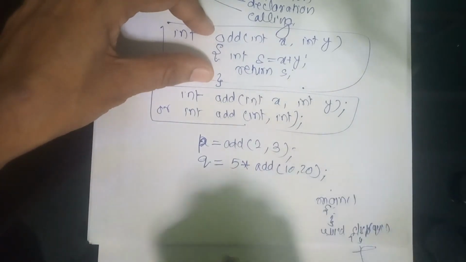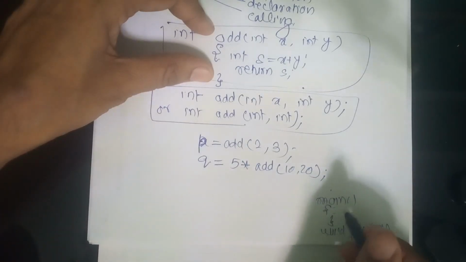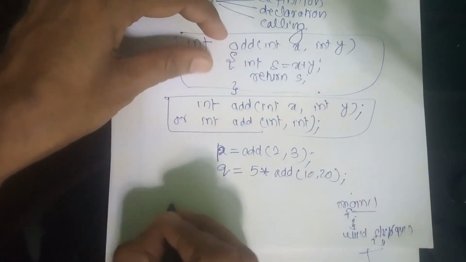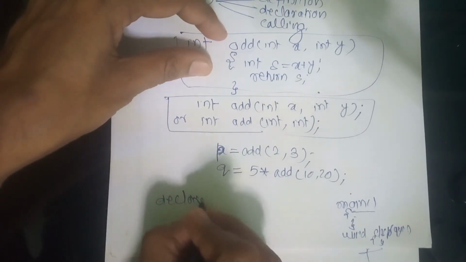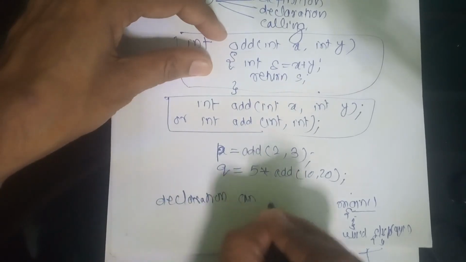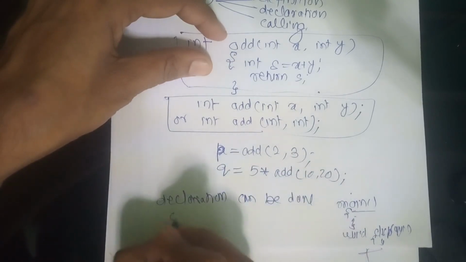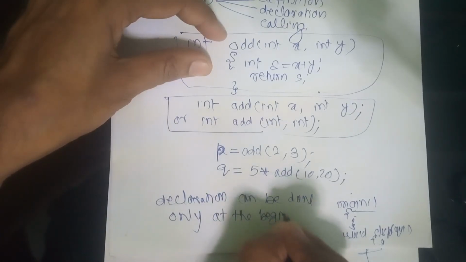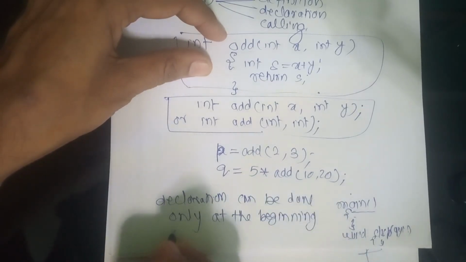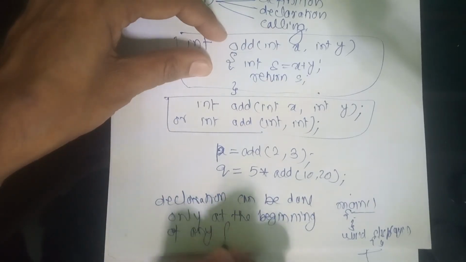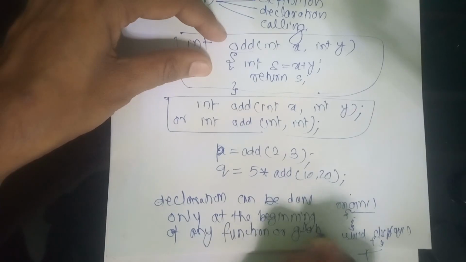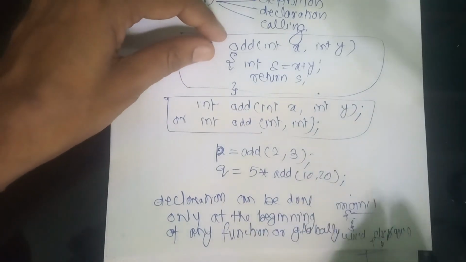That is, declaration in C language can be done only at the beginning of any function or globally, that is outside the function. Outside means above the function.